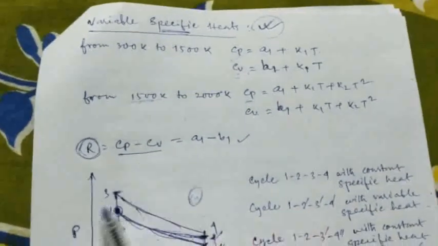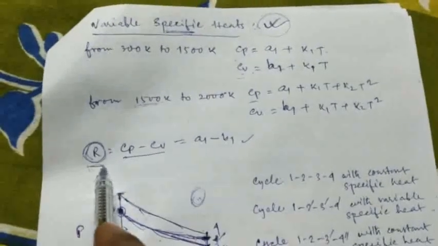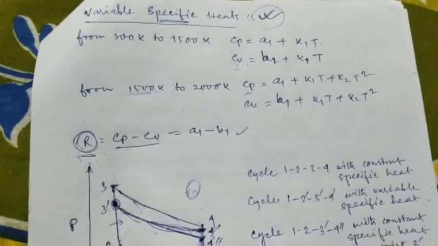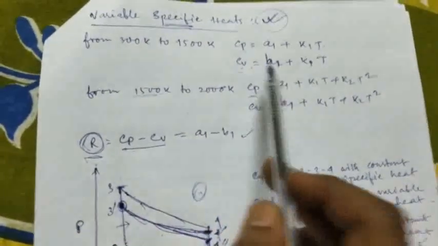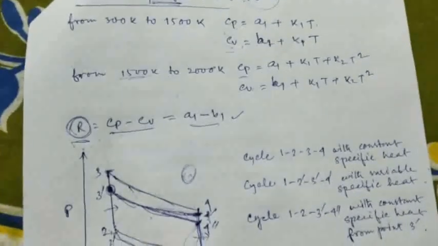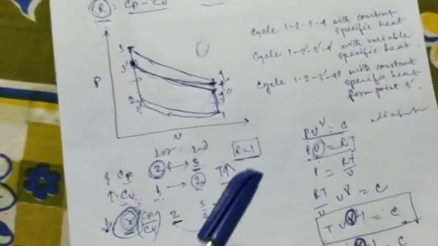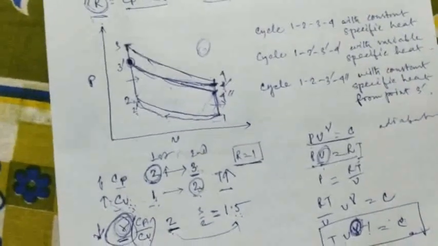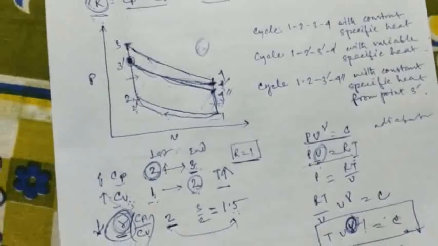But they have a difference. The constant R will always be the same. R will always be constant. See, R in both cases is a1 minus b1. Now look at this process.